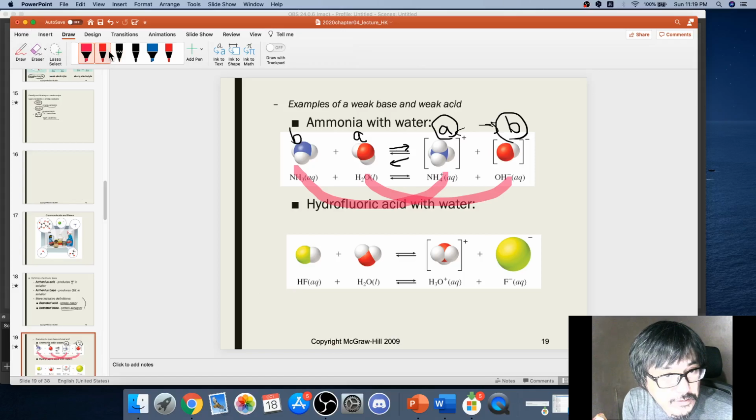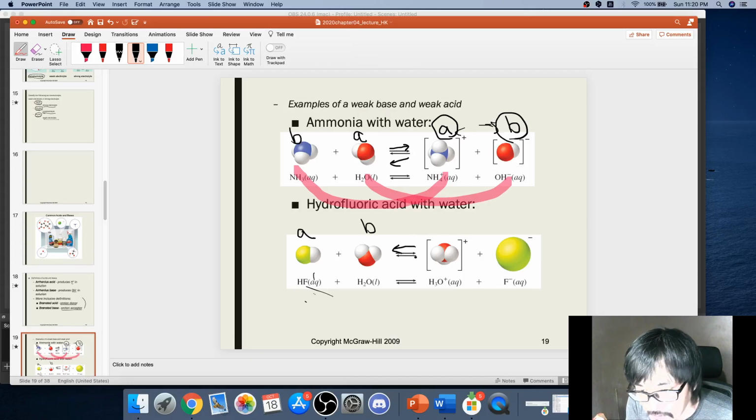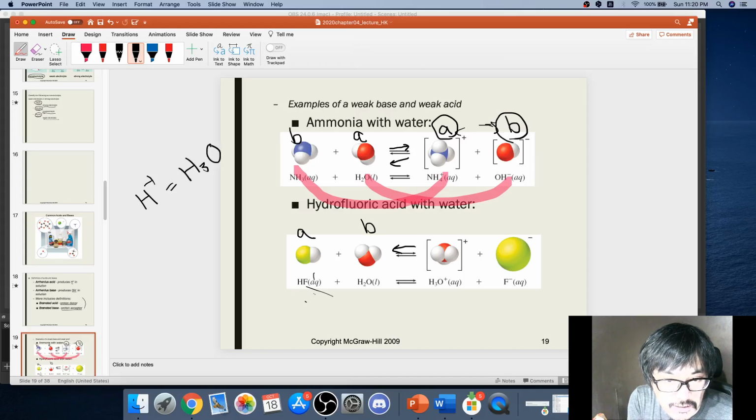Alright, so that's good enough for these guys. The HF gives off the hydrogen to H2O. So that one right there is the acid, and this one is receiving, so it's the base, right? And then on the way back, H3O plus, by the way, is exactly the same as H plus. H plus doesn't really exist in the water.